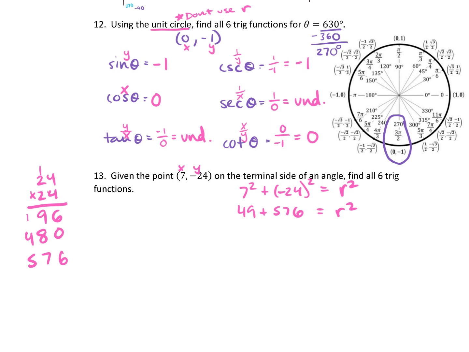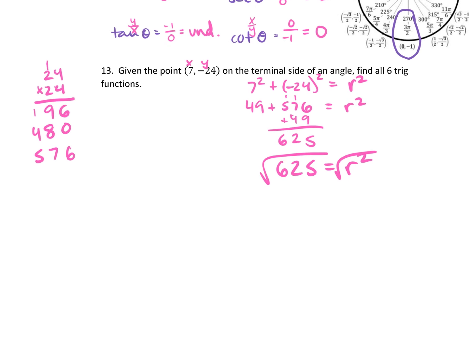576 plus 49 is 625, is equal to r squared. Take the square root. We got to make sure that this simplifies. So if you don't see that it simplifies right off the bat, we know that 5 goes into 625, so break it apart.